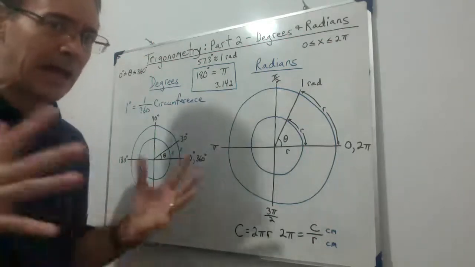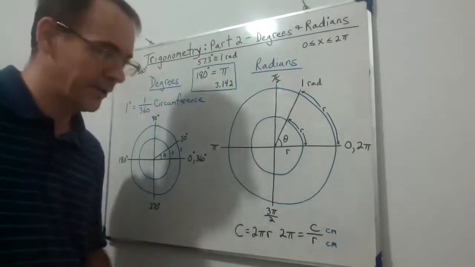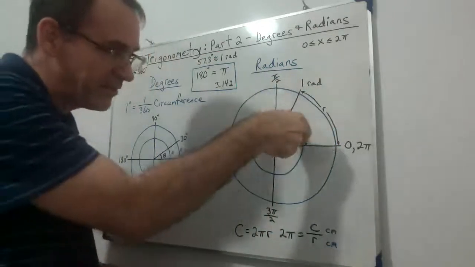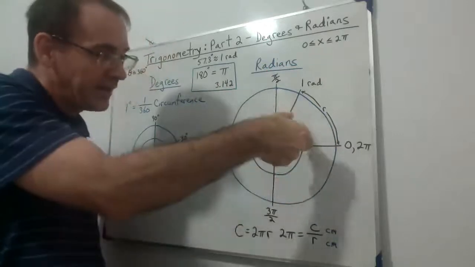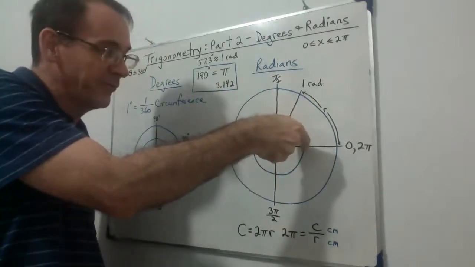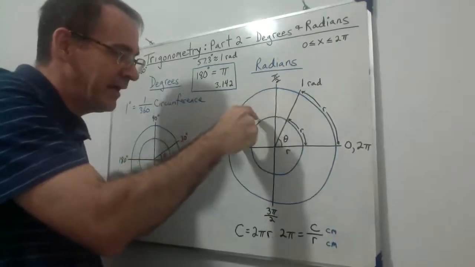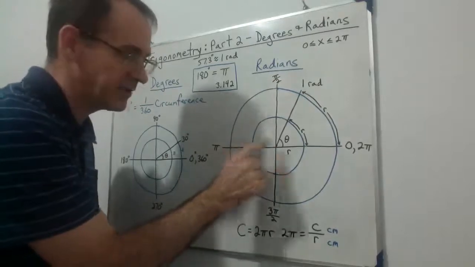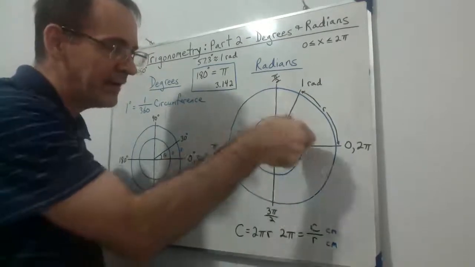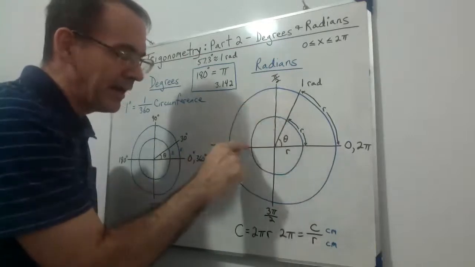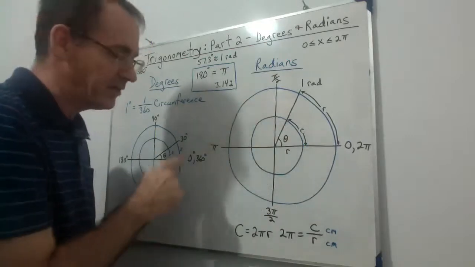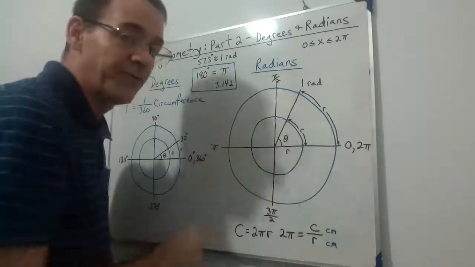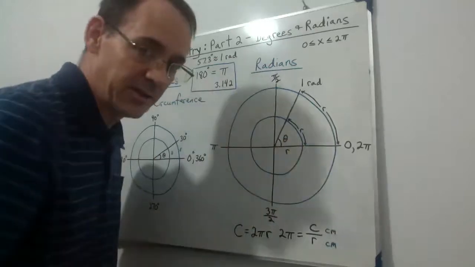So what's this pi? Why isn't it a number? Well, actually, when you lay out these radius lengths, like if I take this one from the short circle, 1 radius, lay it out on the circumference, and then I put a second one, and then I put a third one, I come up just a little short of halfway. So I can get 3 and just a little bit more to get to halfway. If I go all the way around, I can get 6 full ones, and then there's still a little bit more.